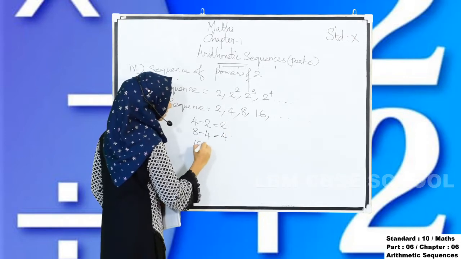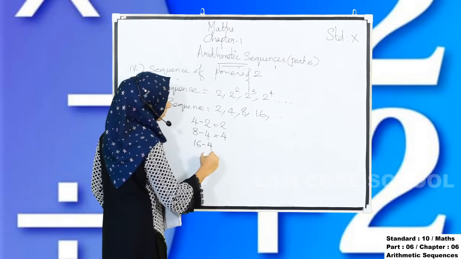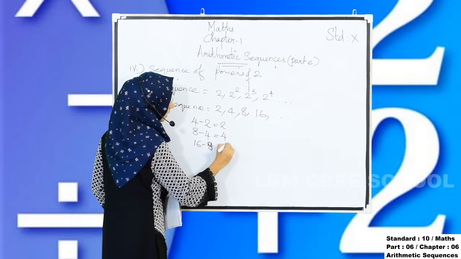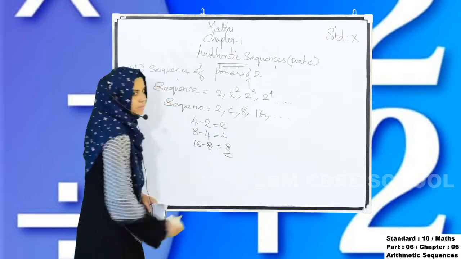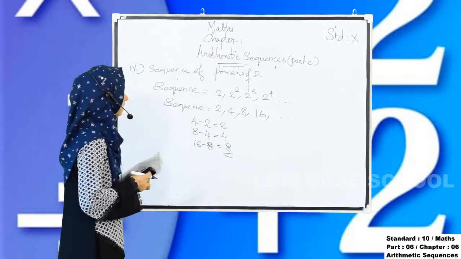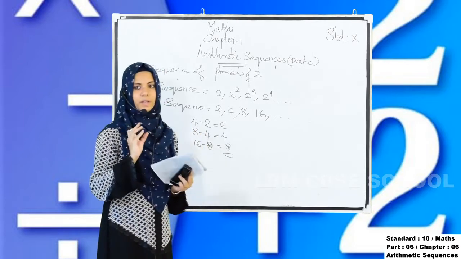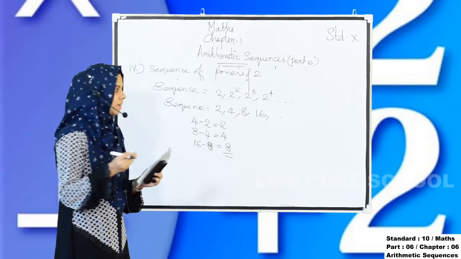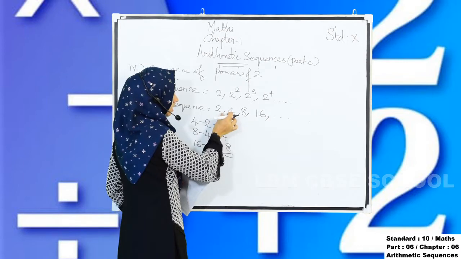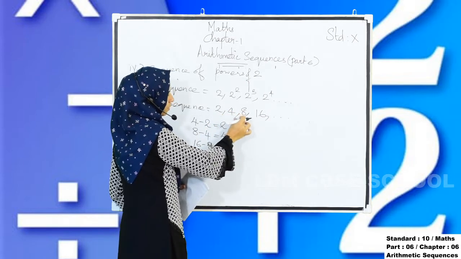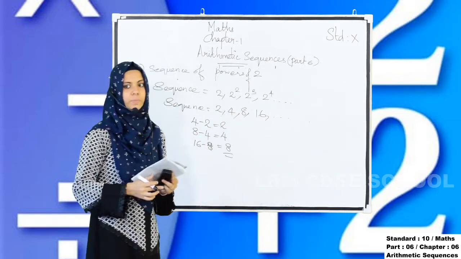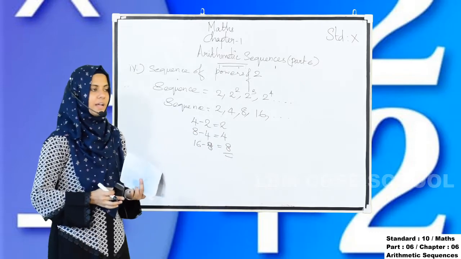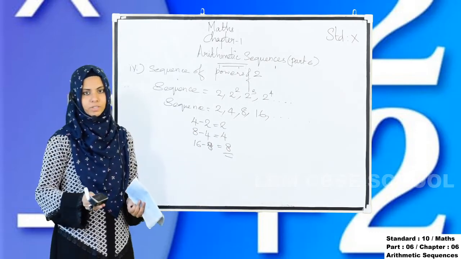Then fourth term minus third term, we got 8. From this we can say that the common difference in this sequence is different. The first common difference is 2, the second one is 4, the third one is 8. So it is different. Then we can say that it is not an arithmetic progression.